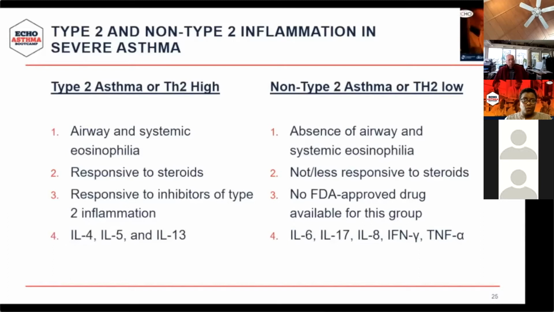For non-type 2 asthma or Th2 low asthma, it's often represented by absence of airway and systemic eosinophilia. They may not be, or may be less responsive to steroids. Currently, we do not have an FDA-approved drug available to manage patients with non-type 2 asthma. And these are the interleukins that are mainly associated with non-type 2 inflammation, such as IL-6, 17, 8, interferon, and TNF.